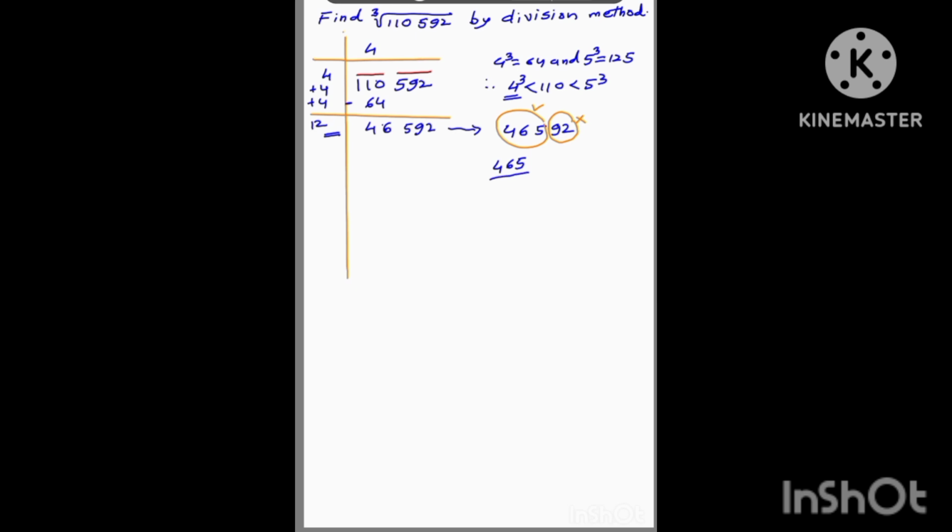Okay, 465 divided by 12. From where am I getting 12? See, this is this 12. Okay, learn this and try to solve some problems and it will be very easy. Divided by 12 and in the denominator side, this 4. And carry out this division. 465 divided by 12 divided by 4 is 9 point something.